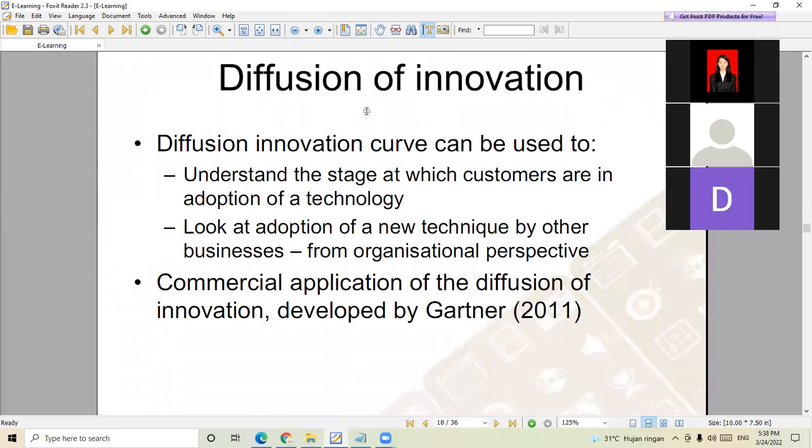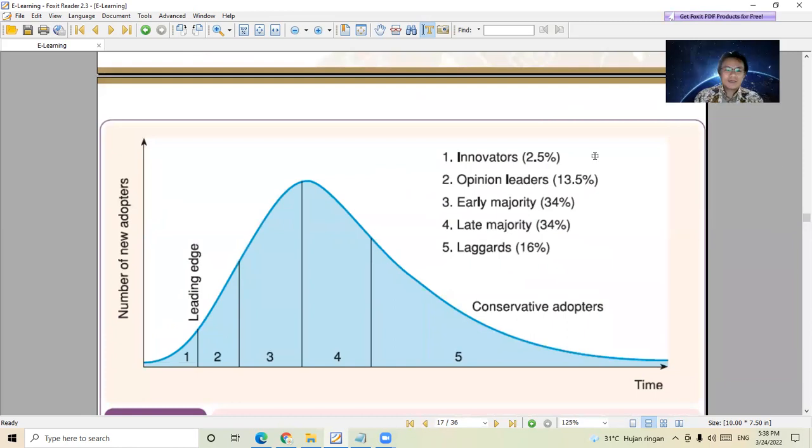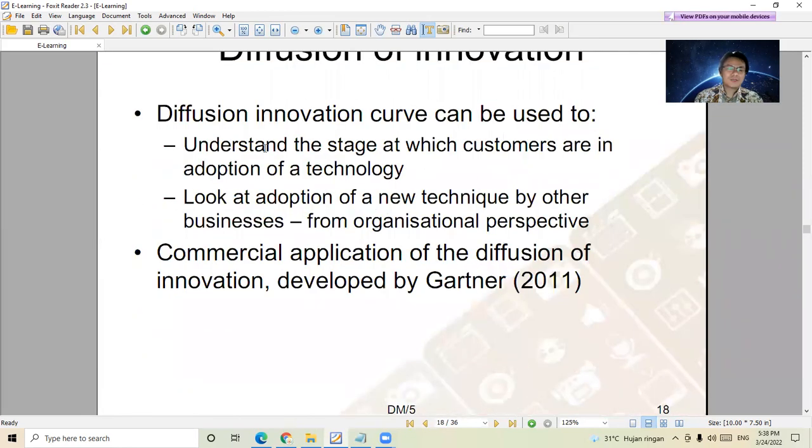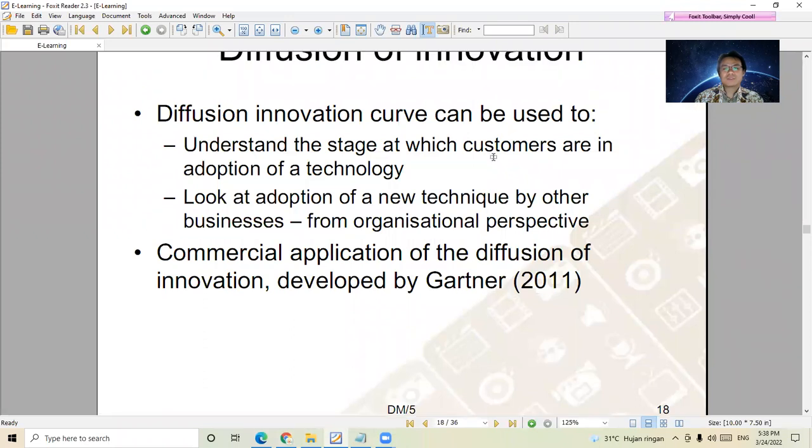As I mentioned, the diffusion of innovation curve can be used for two things: understand the stage at which customers are in their adoption of technology, and look at the adoption of a new technique by other businesses. So we can understand our customers, that's the first advantage of the curve.